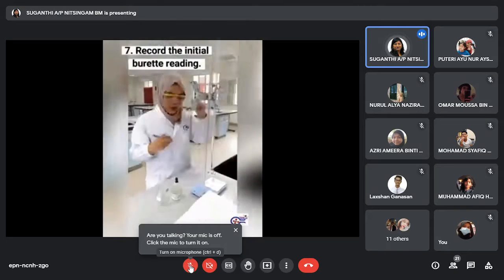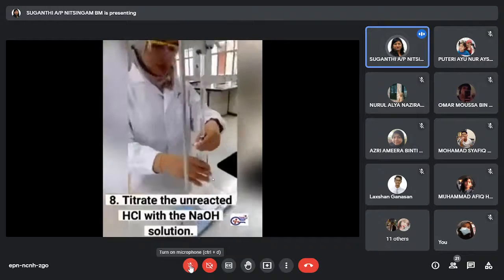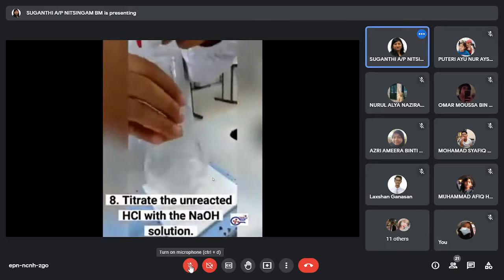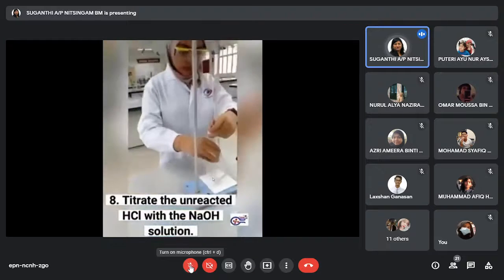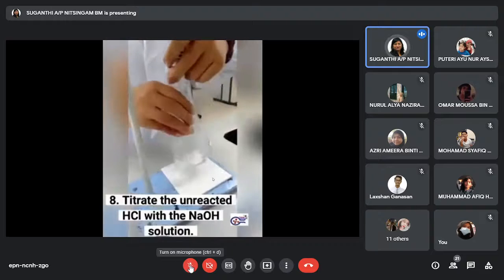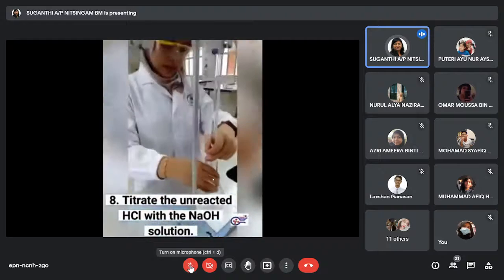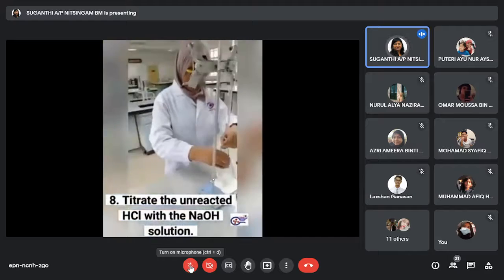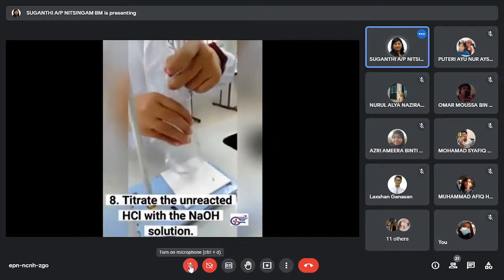And then after that, you put 2 drops of phenolphthalein and you titrate. So what is reacting now with NaOH is the excess. The excess that remains after reacting with the metal now reacts with NaOH. That is how he swirls.